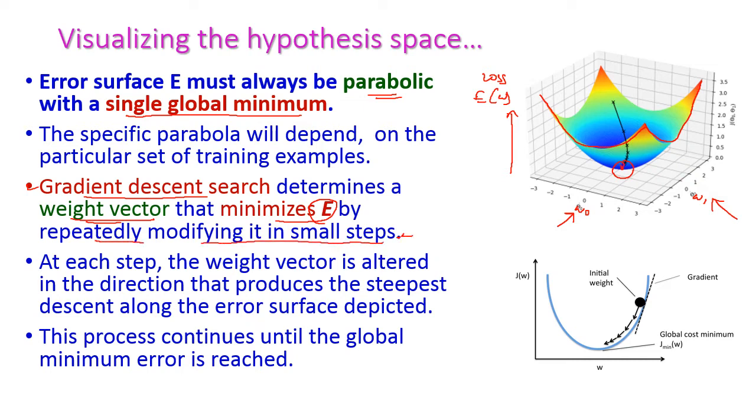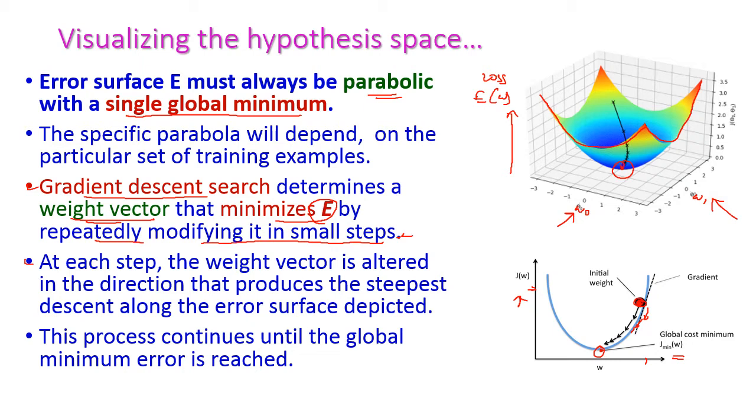For example, suppose the sample is predicted at this place and the global minimum is here. This is weight and this is the loss. The loss is very high when compared to the global minimum. So at each step it will reduce the weight and finally it will reach this global minimum.